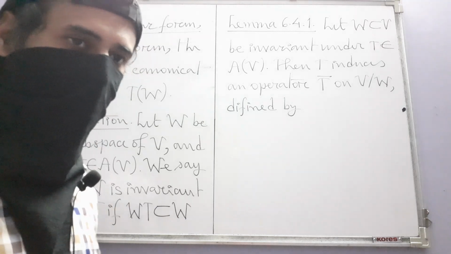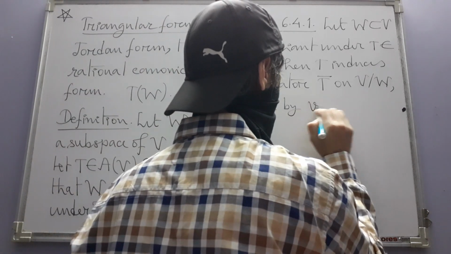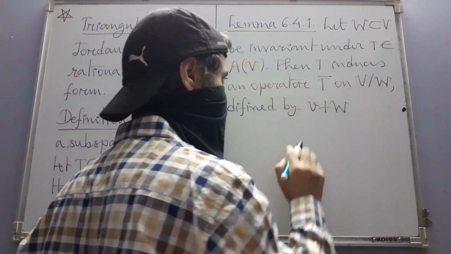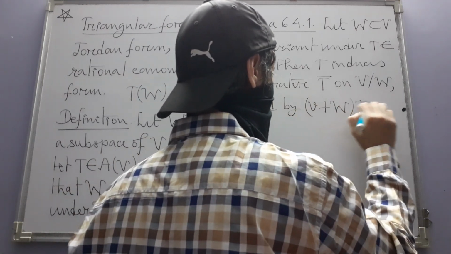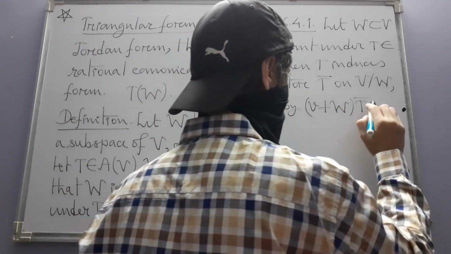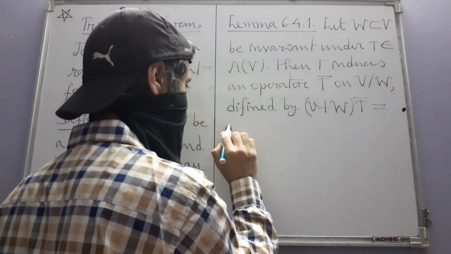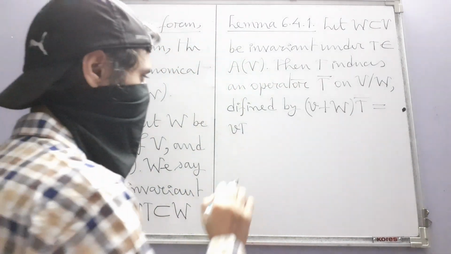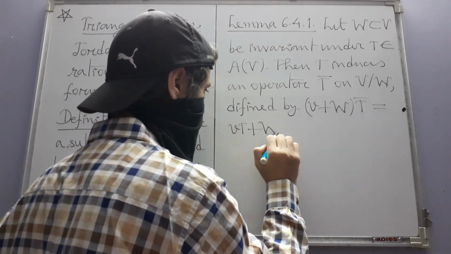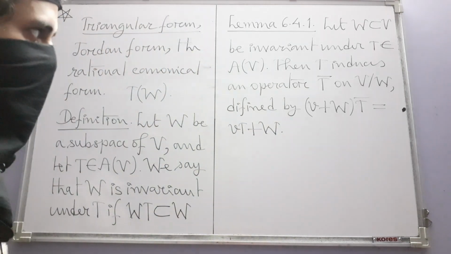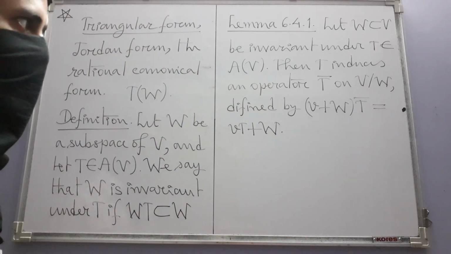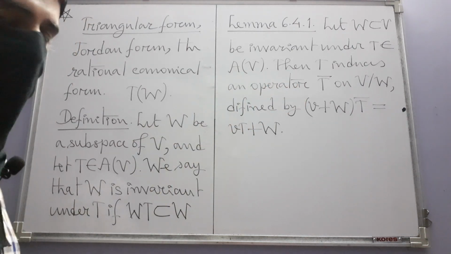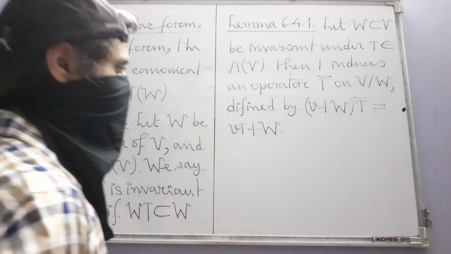Cosets of W in V. So an element looks like this, where this V is coming from V. The T bar image of this is just the T image of V plus W. Okay, so the claim is that this is a linear operator on V slash W, on the quotient space.